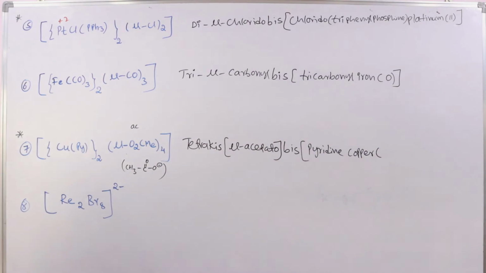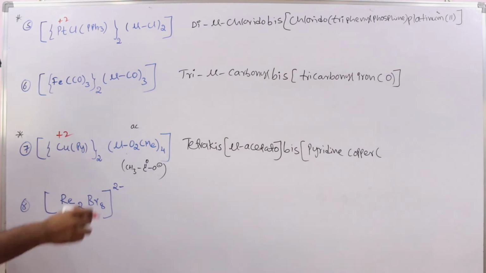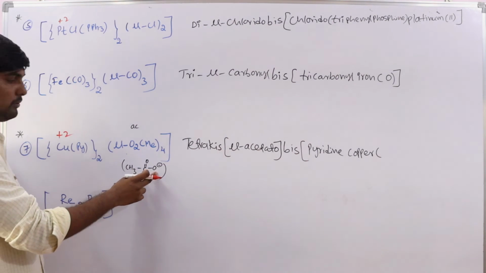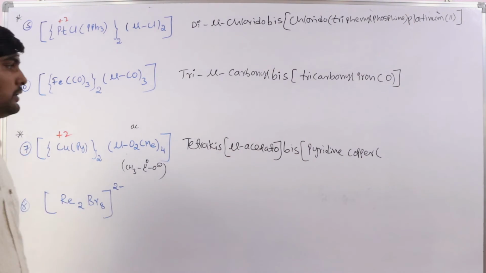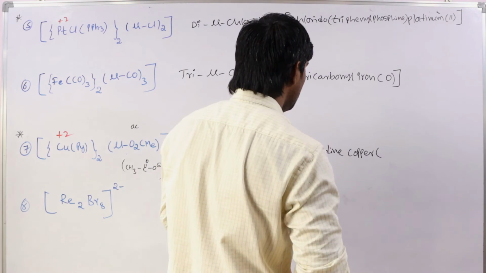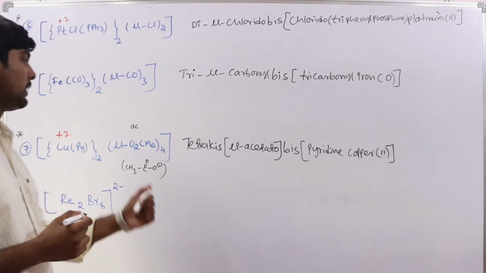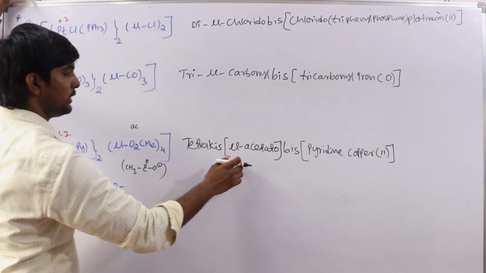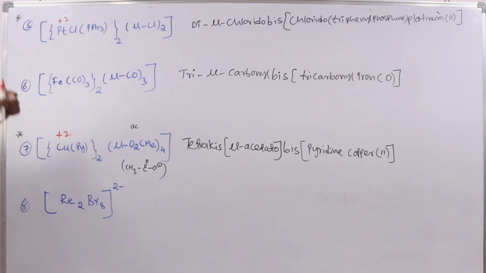The oxidation state of each copper is how much? +2, because the acetato has a negative charge and pyridine is a neutral ligand, so copper gets the +2 charge. So bis pyridine copper 2. This is the name of this complex: tetrakis mu acetato bis pyridine copper 2.